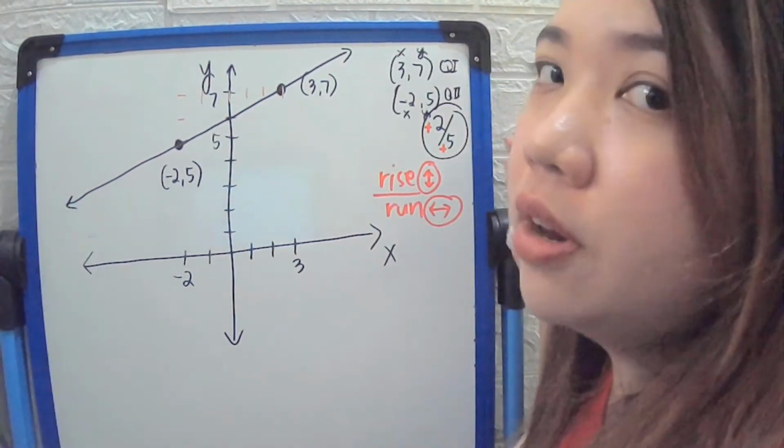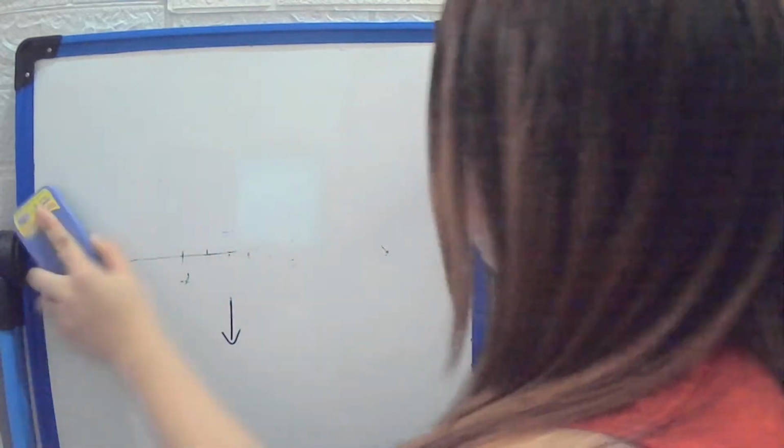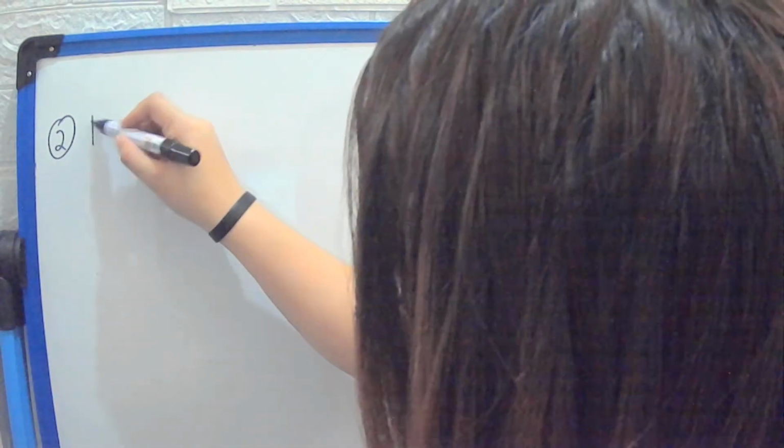Okay, let's have another example of finding the slope, then graphing or plotting the points, and then identifying the rise over run. Okay, let us find the slope.